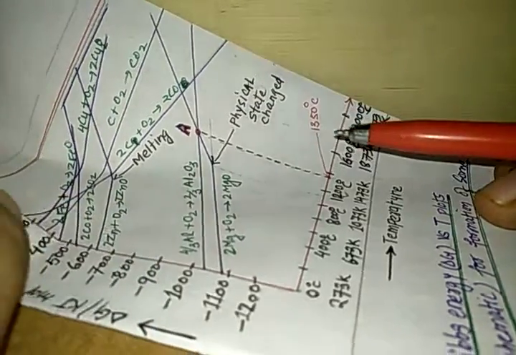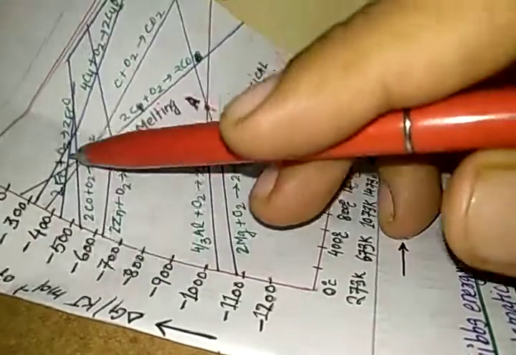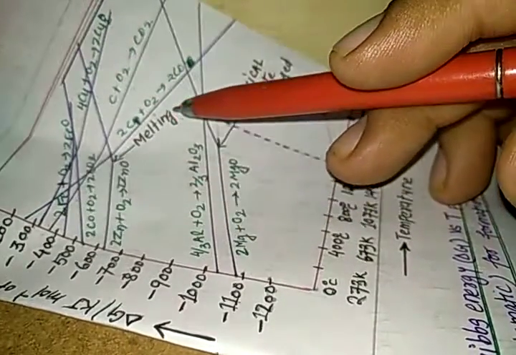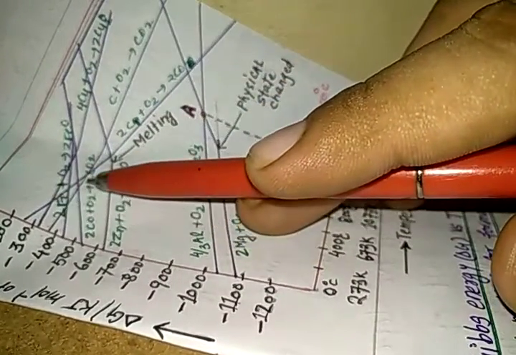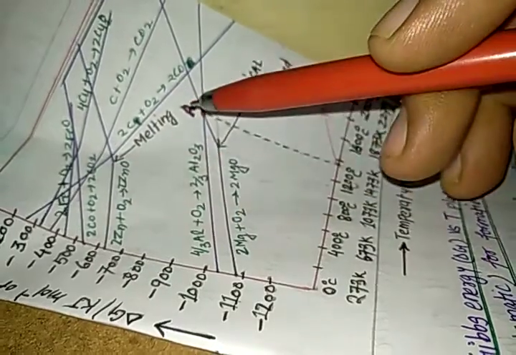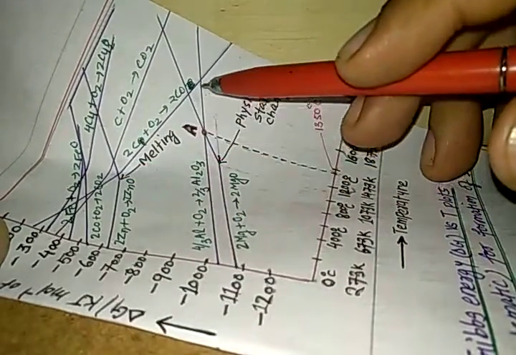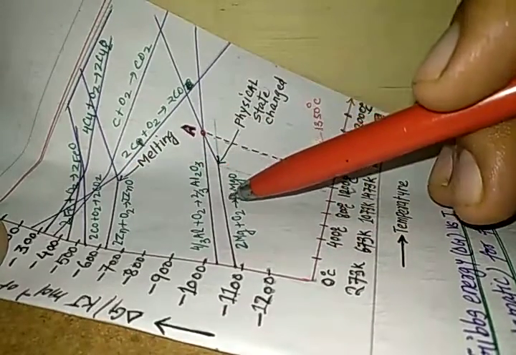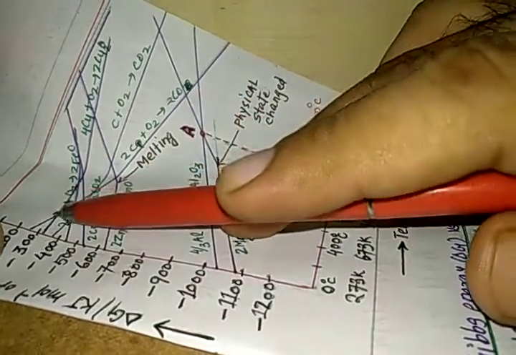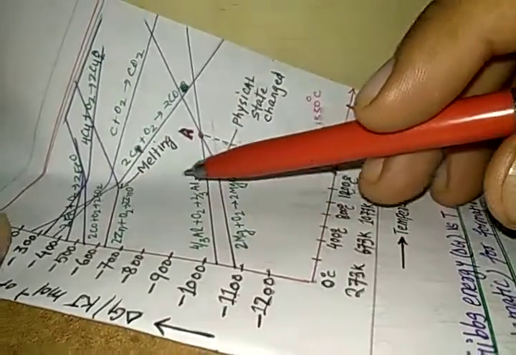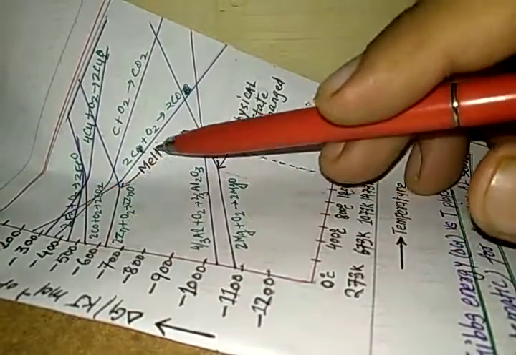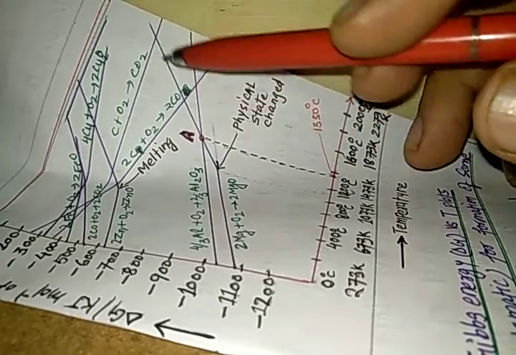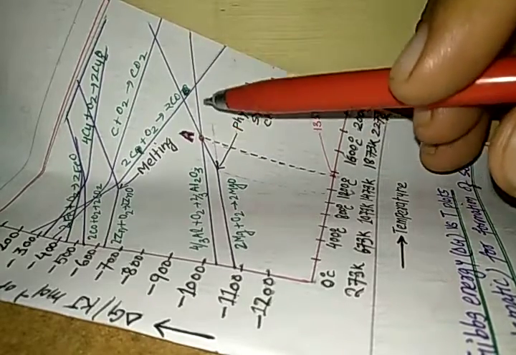There are two types of graph. The graphs which are sloping down are known as negative slope graphs, and the graphs which are going upward are known as positive slope graphs.